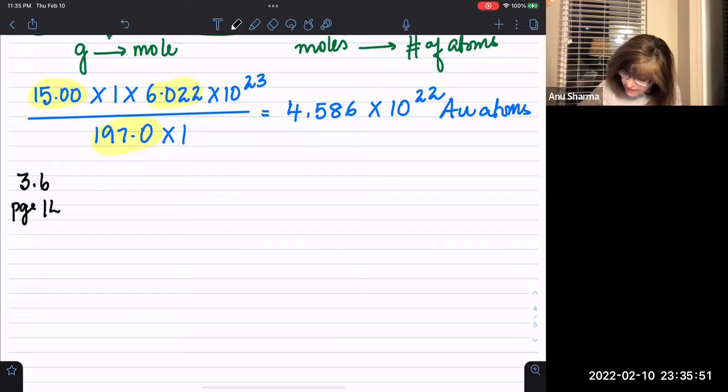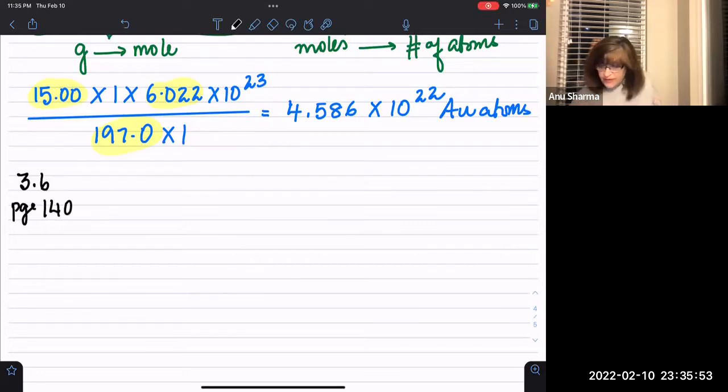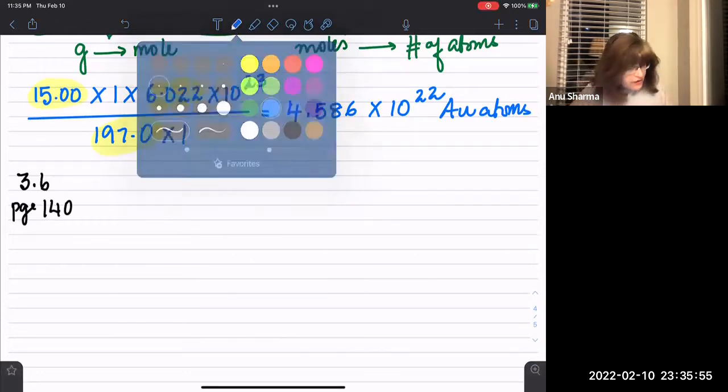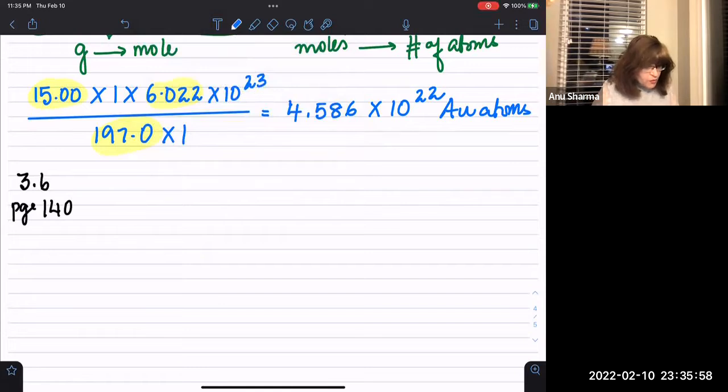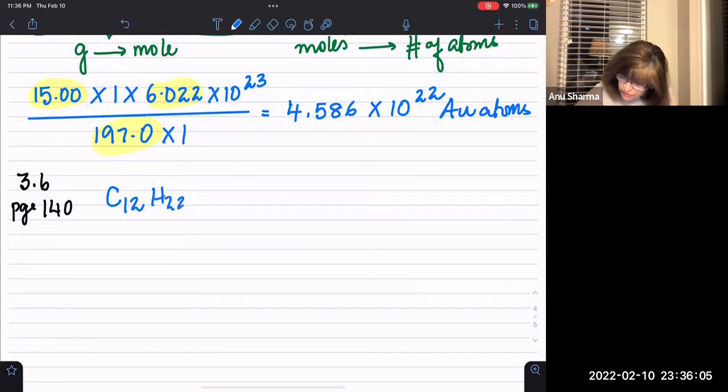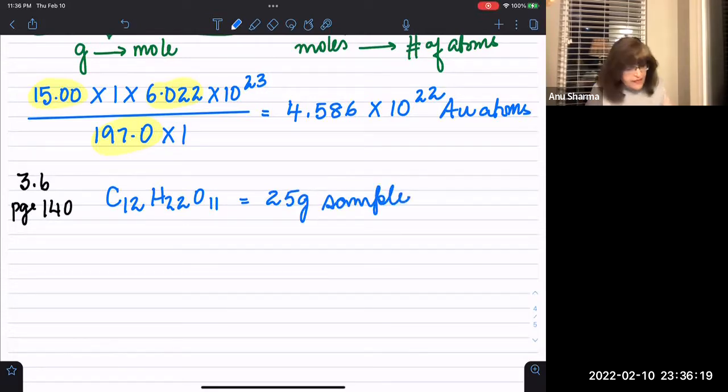We are given sucrose, C12H22O11, in a 25-gram sample, and we need to find the number of moles.